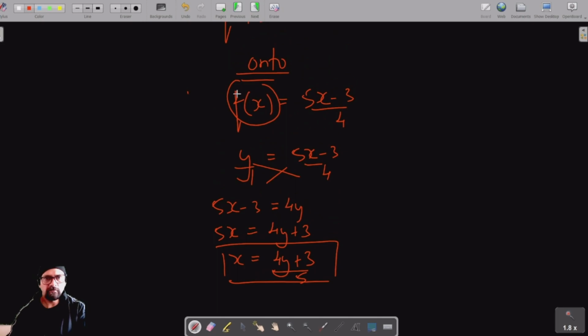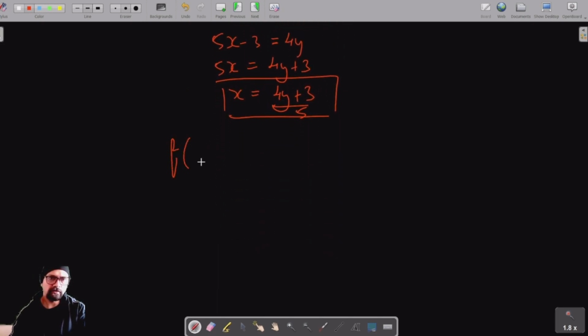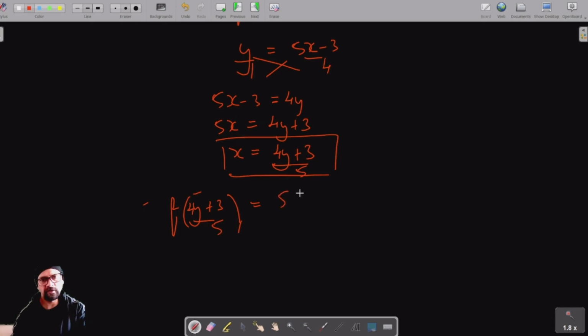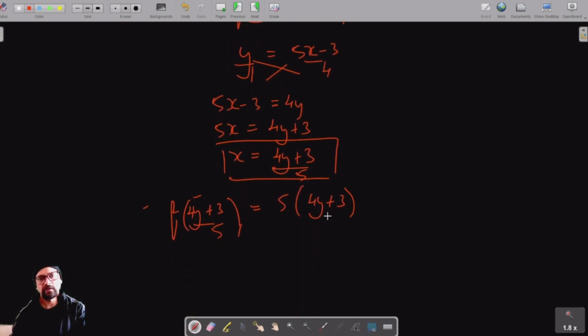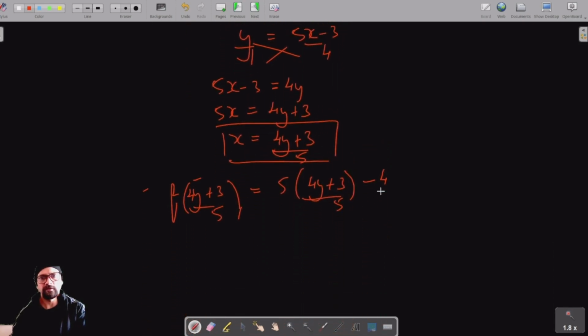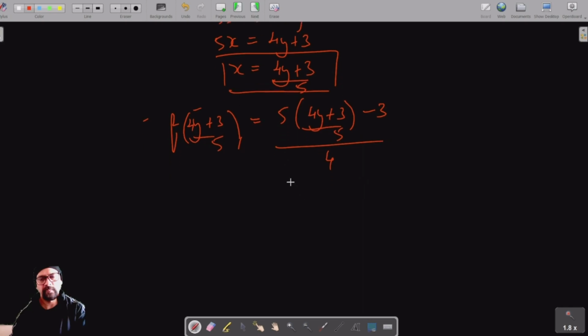Okay, we have got the value of x, so let's see if for every x there is a y or not. So this is f of (4y plus 3) by 5, which is 5 into (4y plus 3) upon 5, minus 3, upon 4.